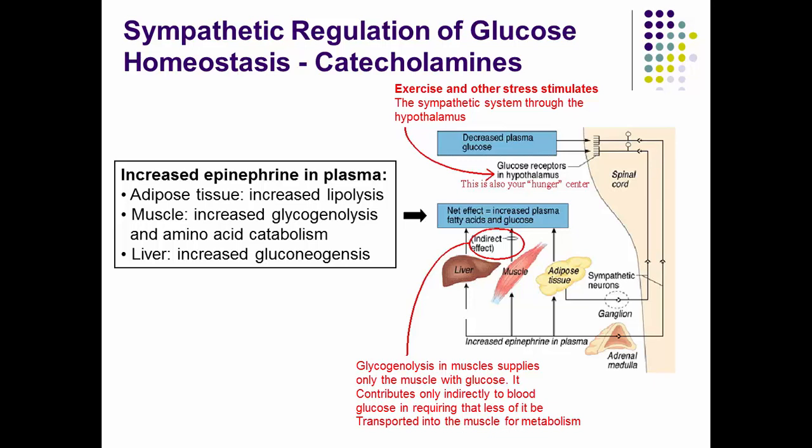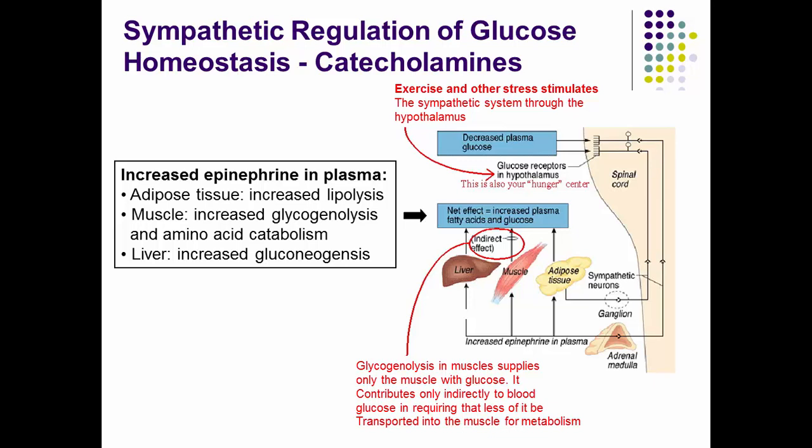So the main role of catecholamine is, first of all, to increase lipolysis, to release fatty acids, to allow the body to utilize fatty acids as energy. And the second important function of catecholamine is to increase glycogen breakdown in the skeletal muscle, and also increase amino acid metabolism to provide energy.